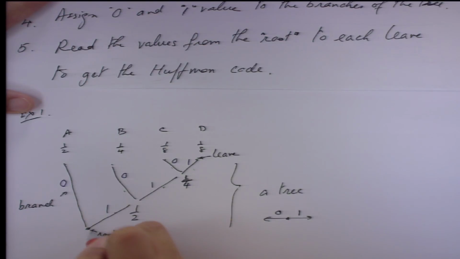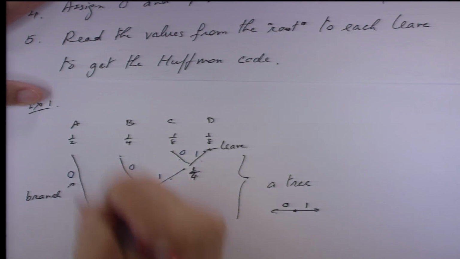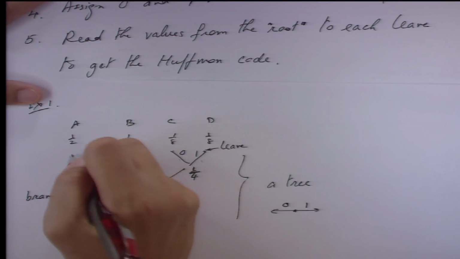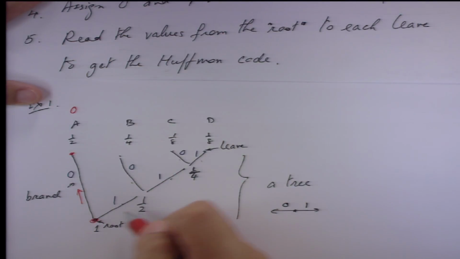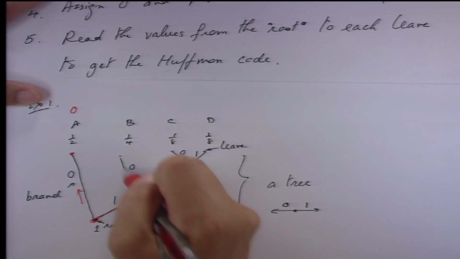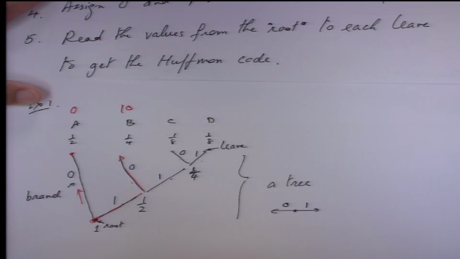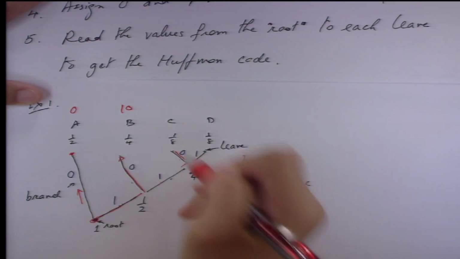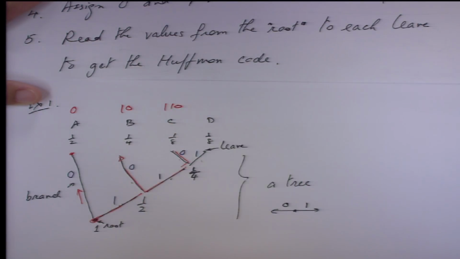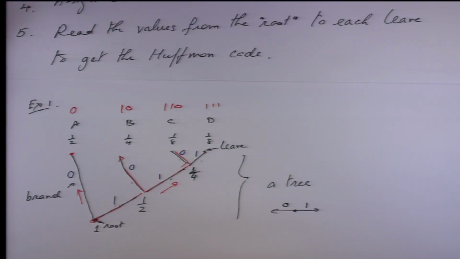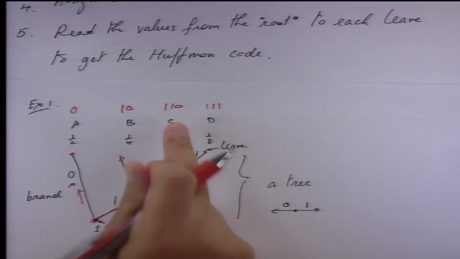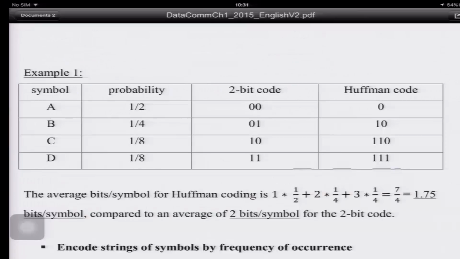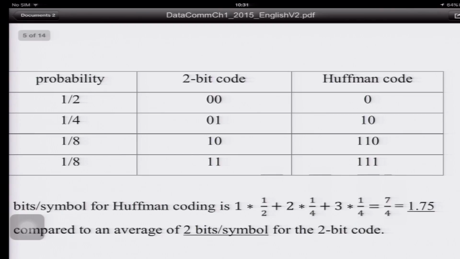This is my root, and I read to the leaf. So I see 0 here, I put 0. Then this one is 1, 0. This one is 1, 1, 0. And this one is 1, 1, 1. So this is the code that I found: A equals 0, B is 10, C is 110, D is 111. Now let's look at the answer here. See, it's the same.